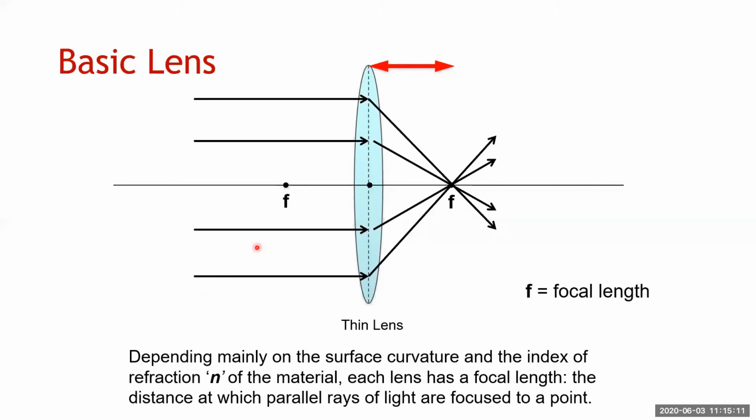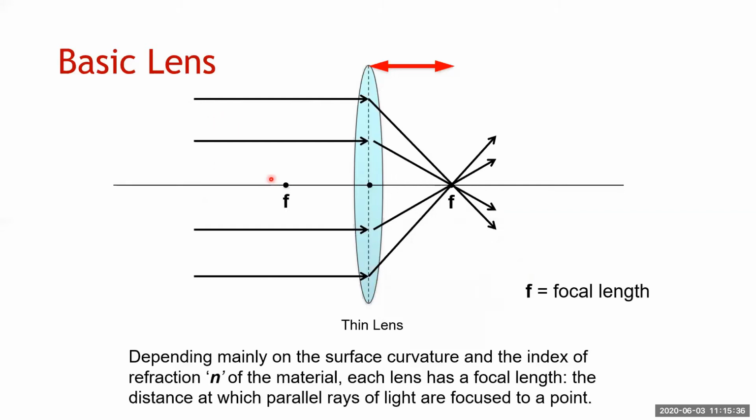This is an example of a thin lens, a so-called perfect lens, where you have parallel rays hitting the lens, a refraction happens, and all lenses have a focal length, or f, where all the rays should converge to the axis if the rays are parallel.